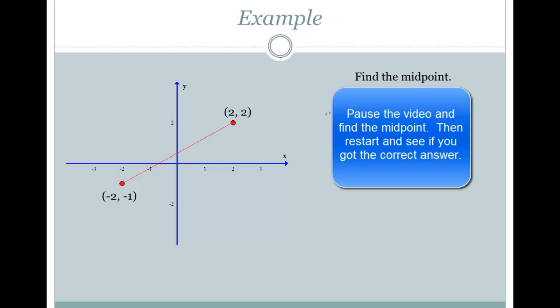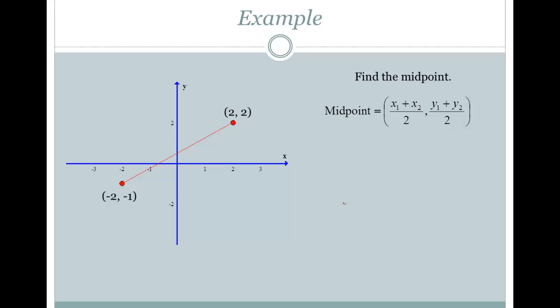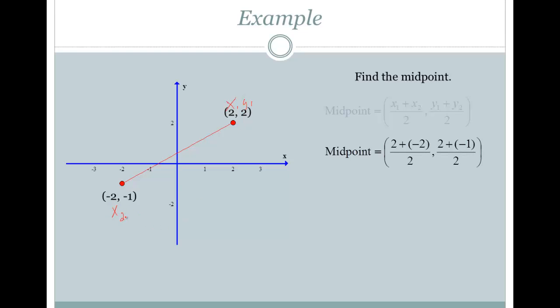All right, so let's go back to our point right here. Here's my midpoint rule right there. Okay, this is my midpoint formula. And now what I can do is I can simply plug in, where this point was x1, y1, and down here we're going to have x2 and y2.